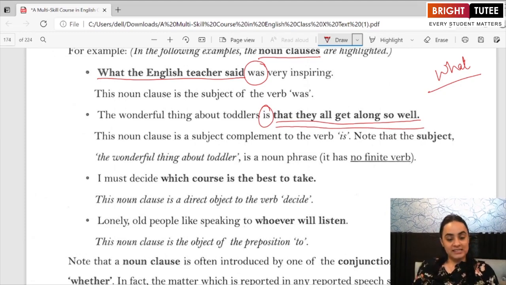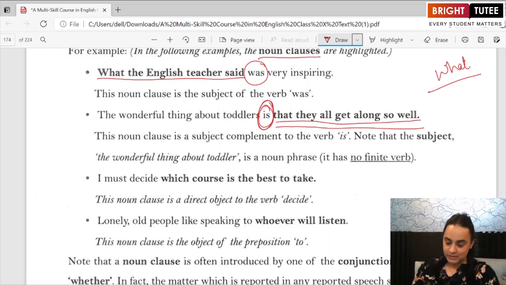Now, obviously we have to remember that this is a non-finite verb. We have talked about finite and non-finite verbs. There is a separate video that has been recorded for the same purpose, as you have a chapter in your grammar by the name finite and non-finite verbs. So "is" being a non-finite verb, since my noun clause is complementing a non-finite verb, it is called a noun phrase.